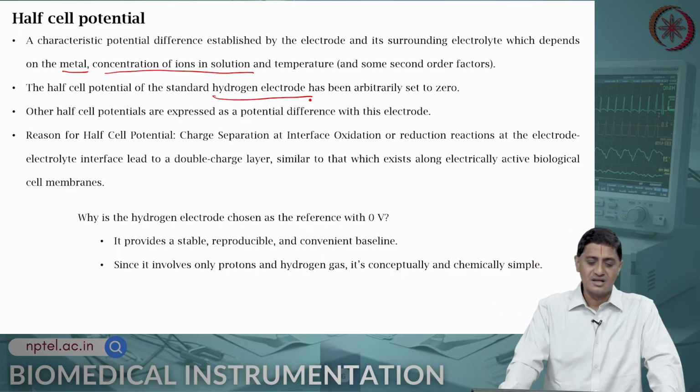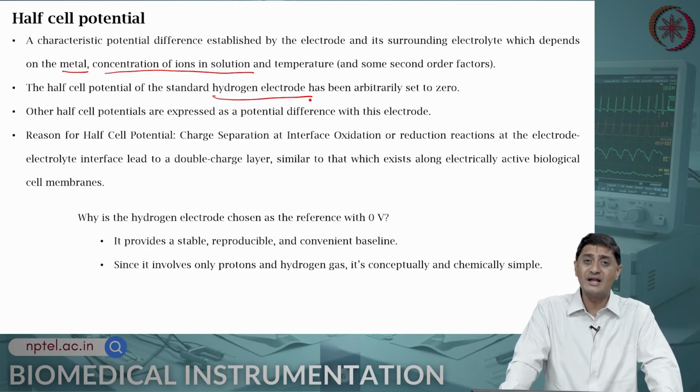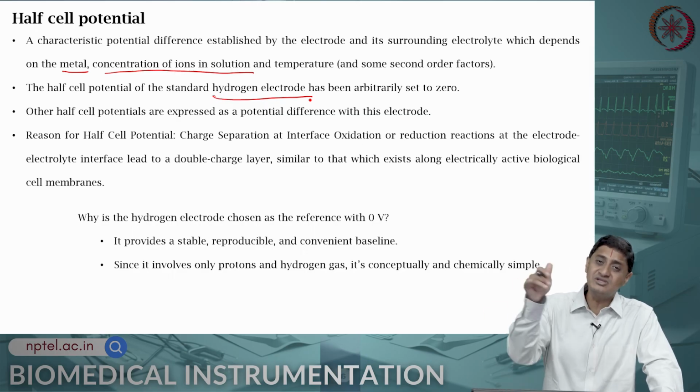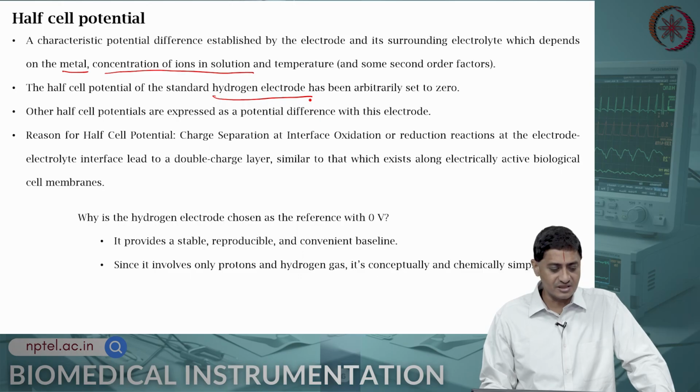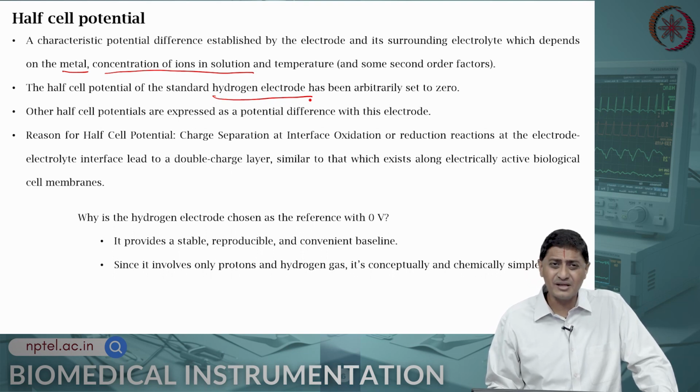You just set the half cell potential of a hydrogen electrode to be 0, and then measure the half cell potentials of all other electrodes with respect to this hydrogen electrode. Other half cell potentials essentially can be measured as a potential difference with respect to this electrode. Why is this happening?